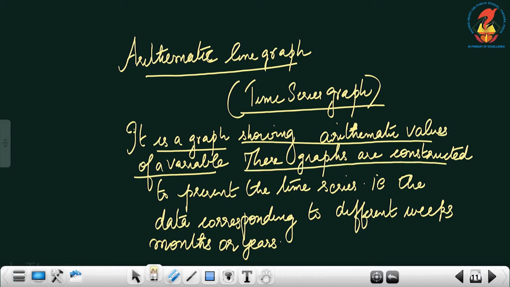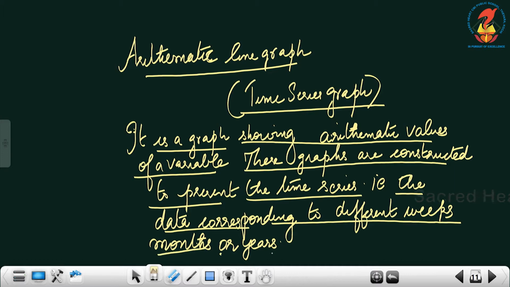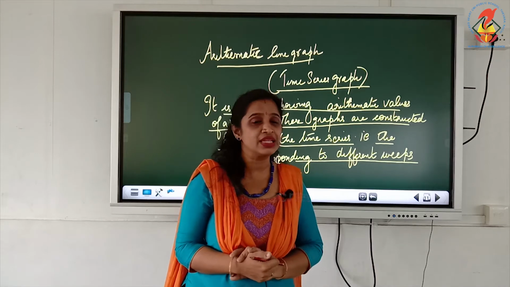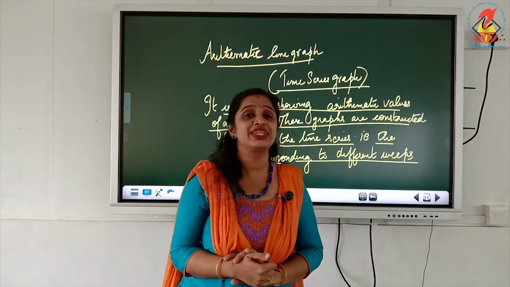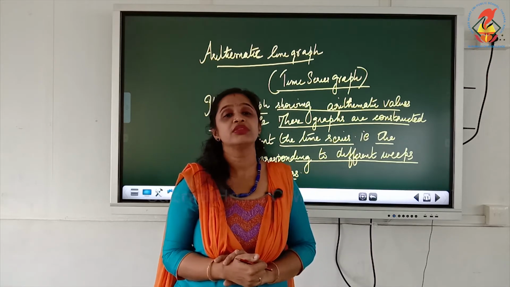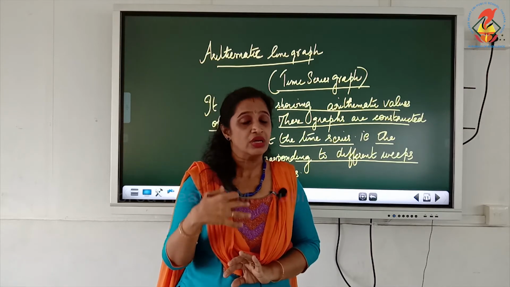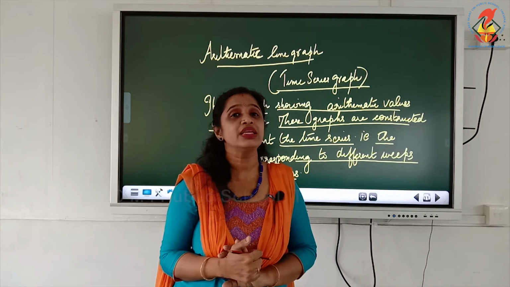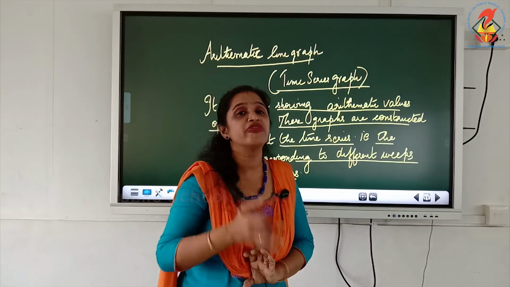These graphs are constructed to present the time series, that is the data corresponding to different weeks, months or years. You have learned about chronological classification or time series classification. Now the data which is related to the years, months, then the hours, all these are represented in the form of a graph.